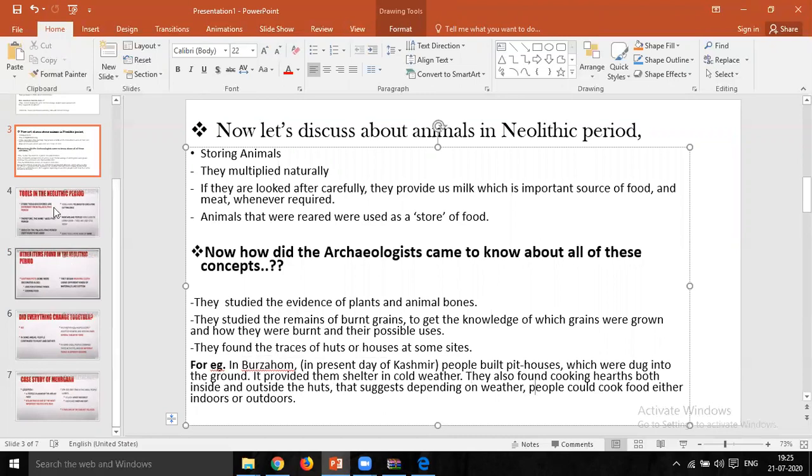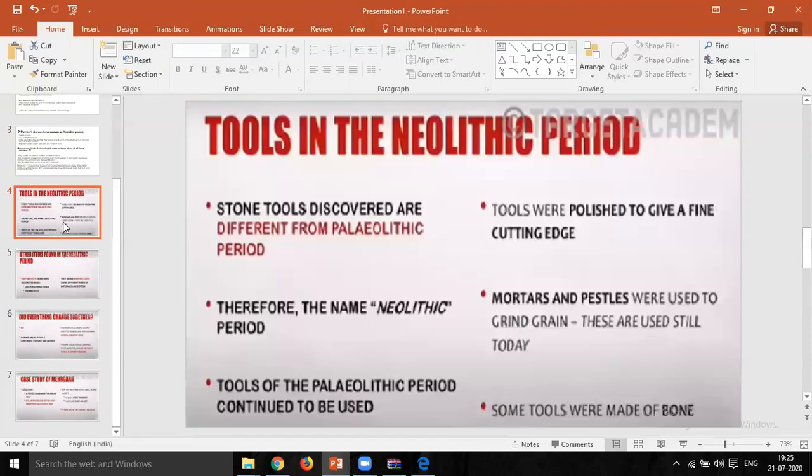And also we came to know regarding the tools that were being used in the Neolithic period. We saw 6 points regarding the tools.